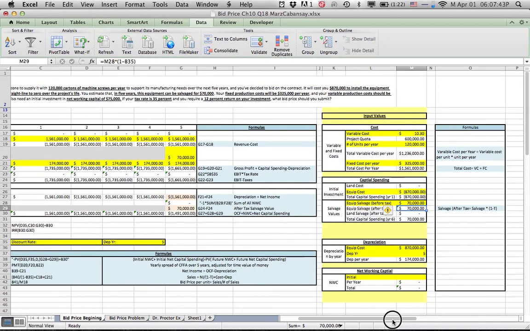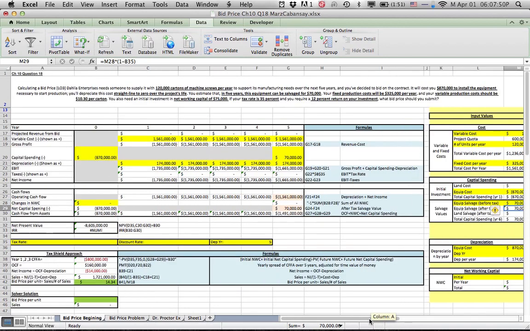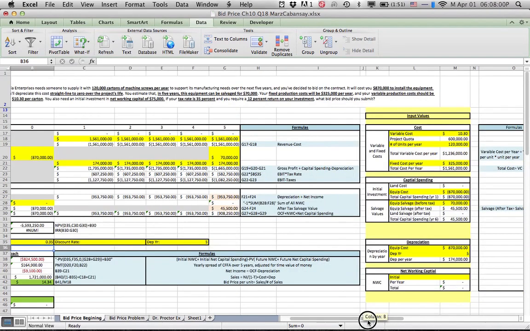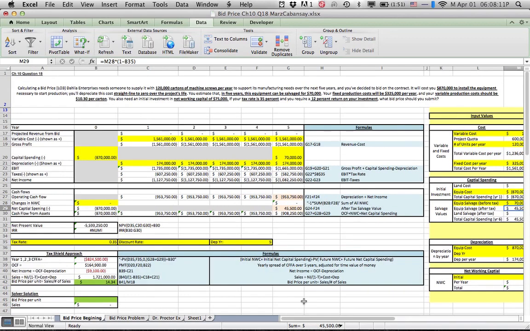The salvage value after tax is the salvage value before tax times 1 minus t. So if we populate the tax rate, which is 0.35 as listed in the problem, we'll see that the after-tax salvage value is 45,500, and we'll show you where that comes into play later on in the problem.